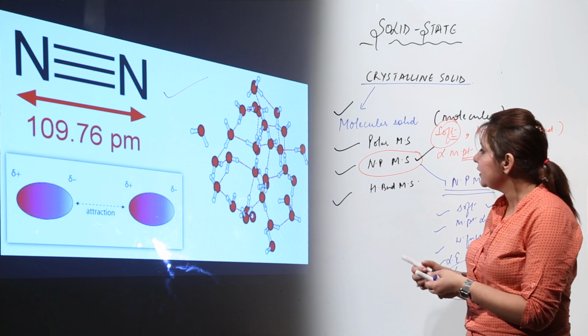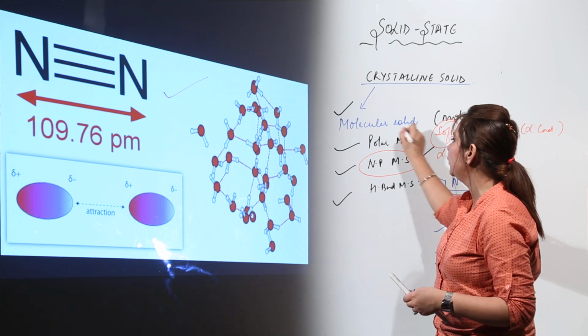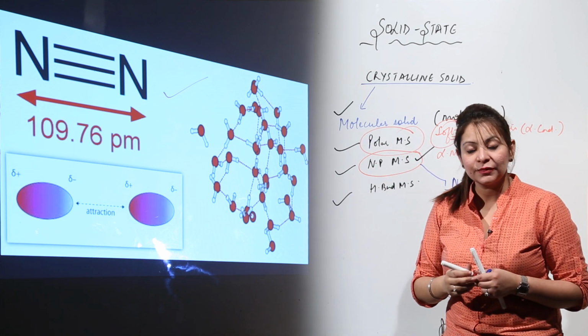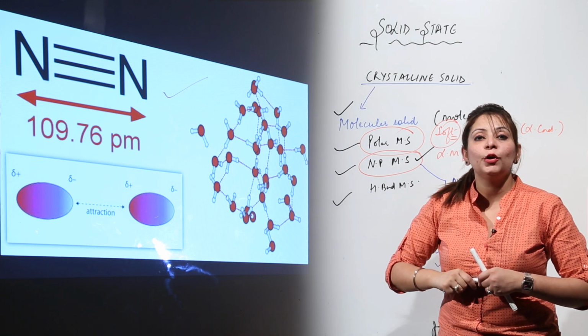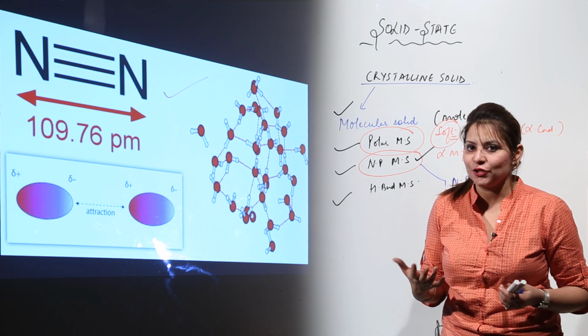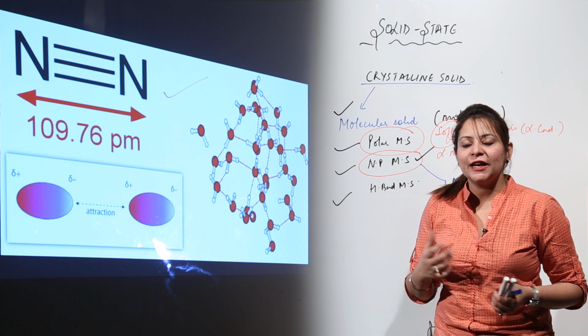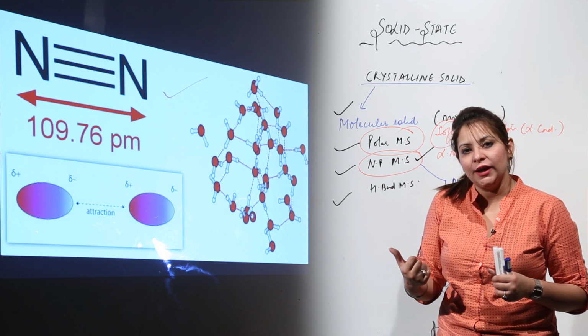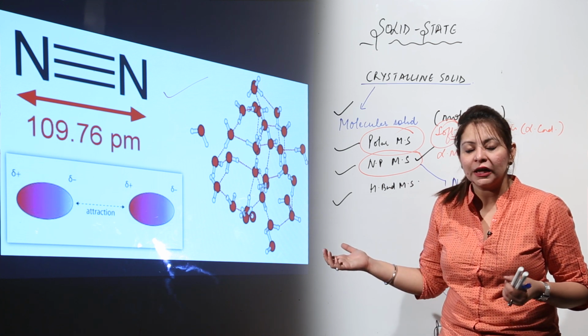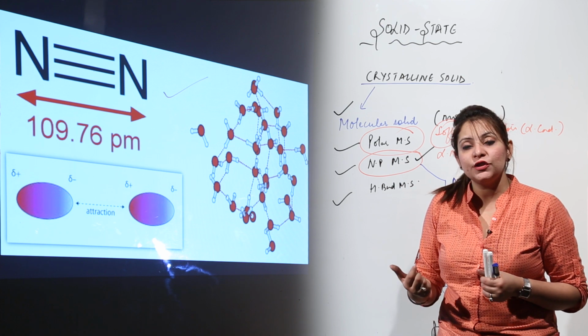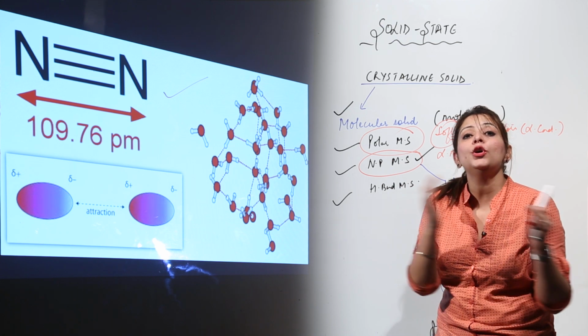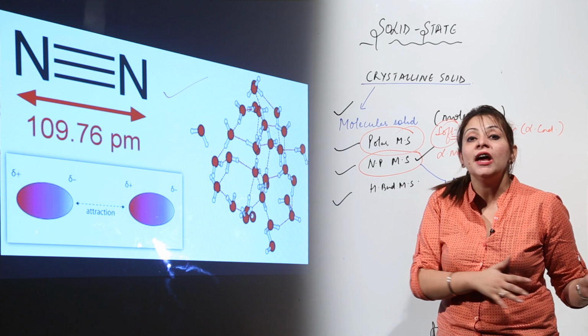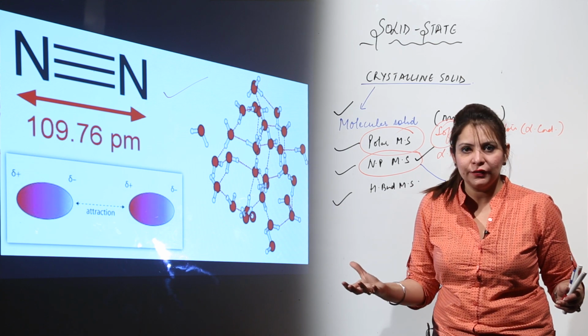Now the second we are taking up is the polar molecular solid. As the name suggests, it is a molecular solid which is polar in nature. What do we mean by polar? It means there will be a difference in electronegativity, as we did in the previous topic. Because of this difference, the shared pair is more towards the electronegative atom, and the other atom is deprived of it.